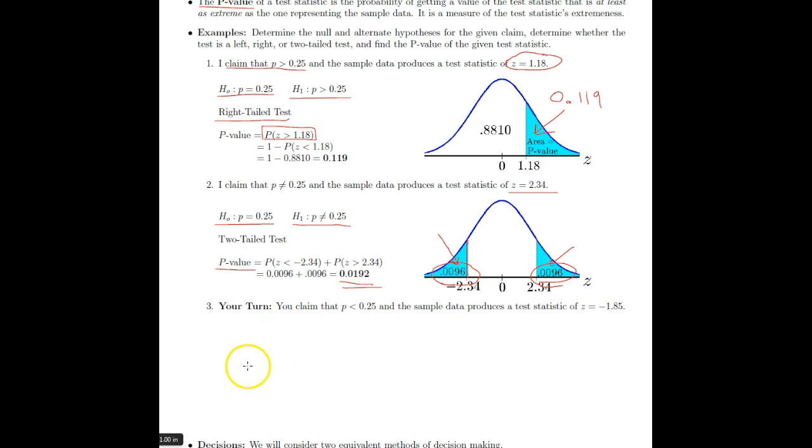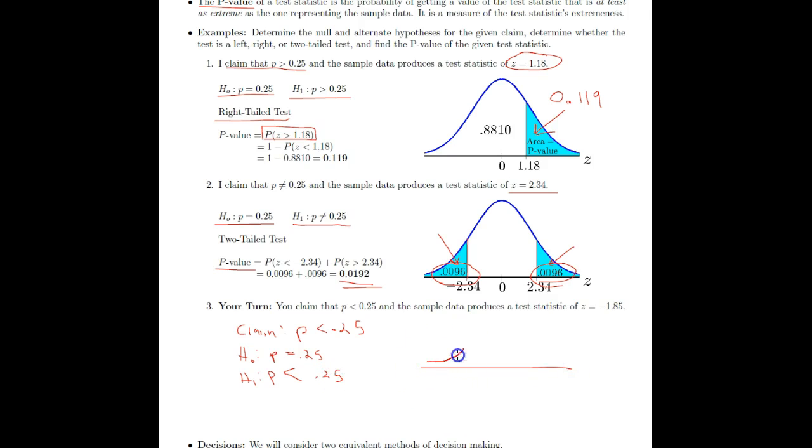All right, so the claim is that p is less than 0.25. Your null hypothesis is that p equals 0.25, and the alternate hypothesis is the same thing as your claim, that p is less than 0.25.